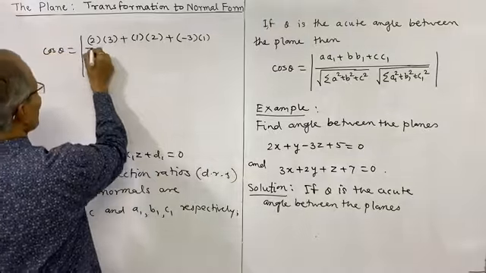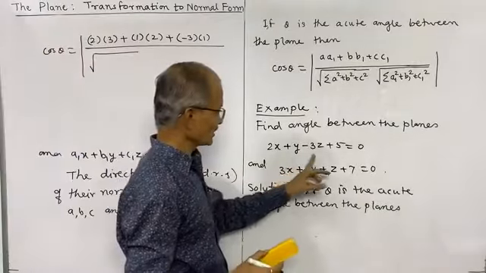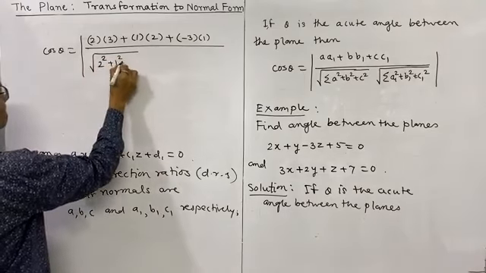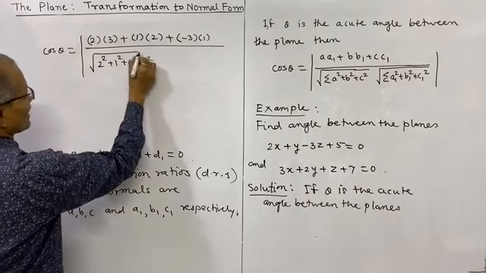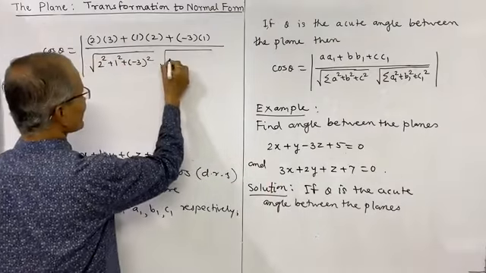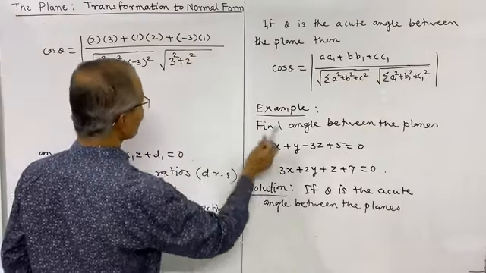So divided by under root of the sum of squares of the coefficients here: 2 square plus 1 square, etc., and under root of here 3 square plus 2 square plus 1 square.